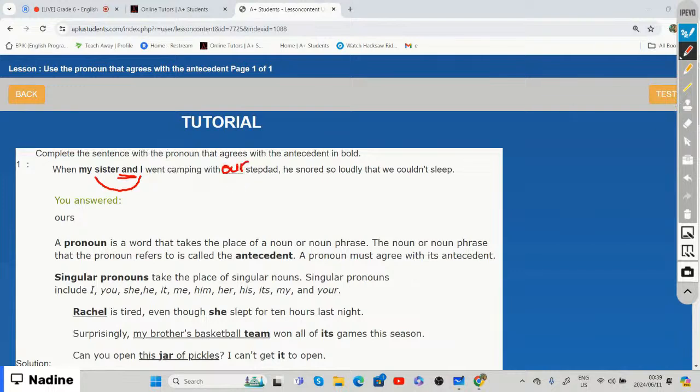Not her stepdad, not your stepdad, but our stepdad, because now it refers to both of us. It becomes a plural pronoun that we need to select in order to agree with our antecedent, which is my sister and I.